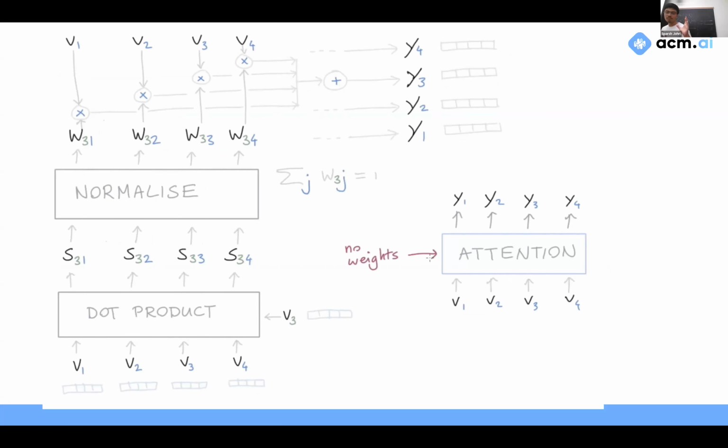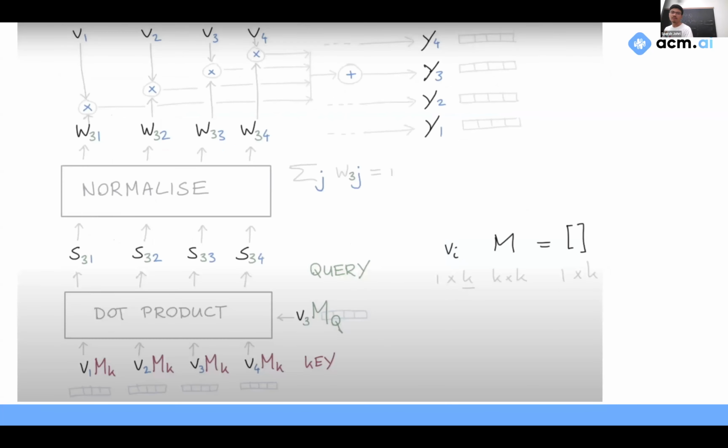So to actually make this a neural network, what we add is what's called query. What we do is we pass this vector through a matrix, really just a linear layer called the query layer, and it just transforms it. It's some learned transformation. Why?